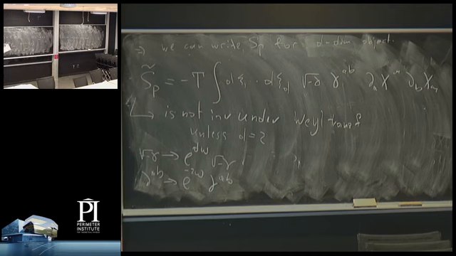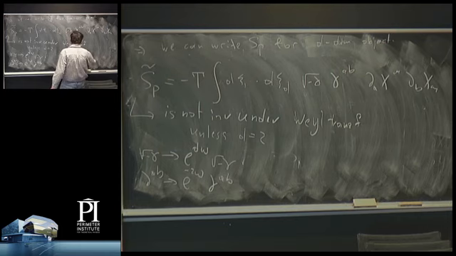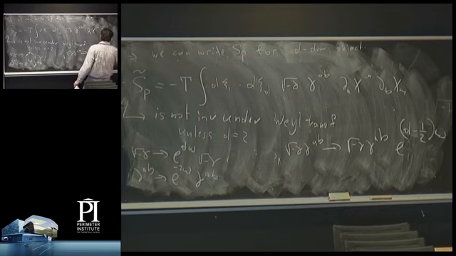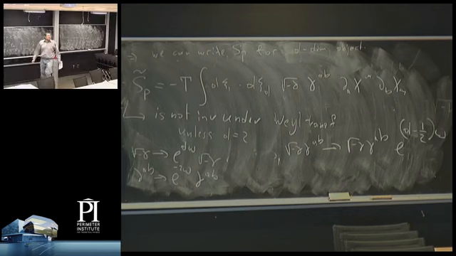So in general, the square root of minus gamma, gamma^{AB}, will go to itself times e to the (d minus 2)/2 times omega. So in general, when I do a Weyl transformation on a d-dimensional action, it will not be Weyl invariant. It's only when d equals 2 that we have this special symmetry.